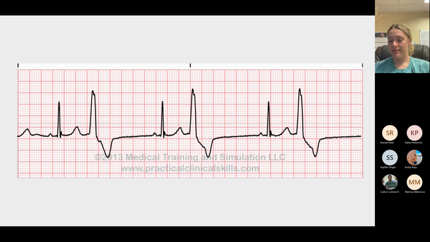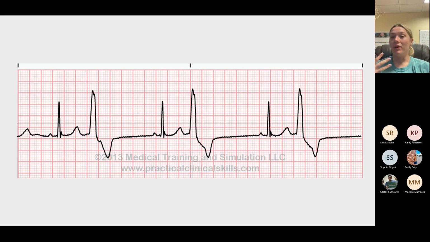What would I say this is? So it's not a couplet. I see where you're coming from, but it's actually bigeminy.